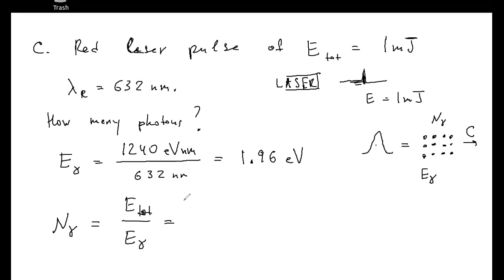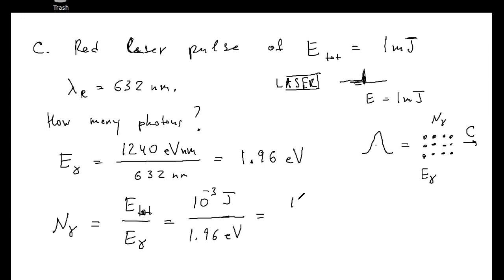There would be a problem because of the units. 1 millijoule means 10 to the minus 3 joules, and the energy of the photon is 1.96 electron volts. These are different units. We like joules for macroscopic things, but electron volts are for photons. So we will have to change either joules to electron volts or electron volts to joules.